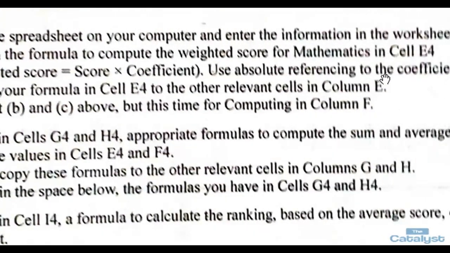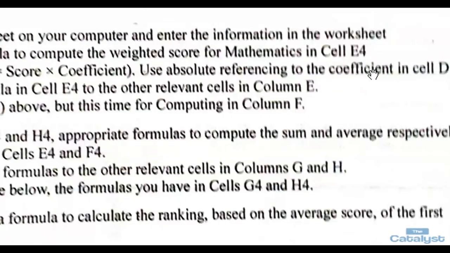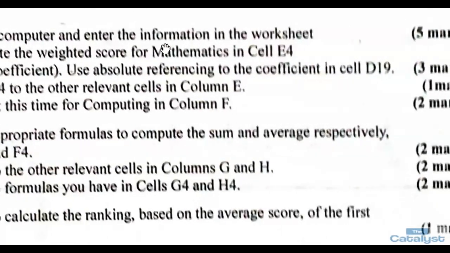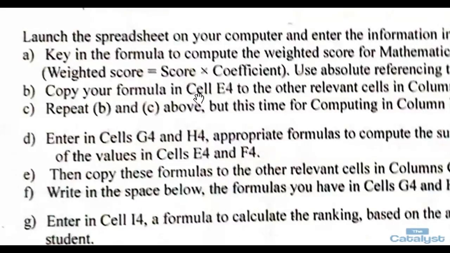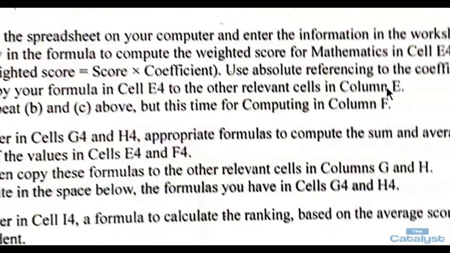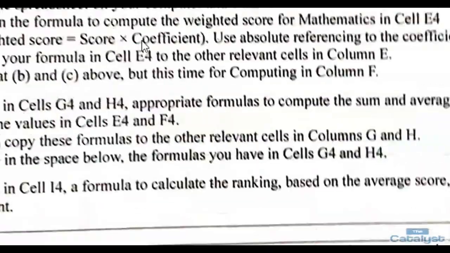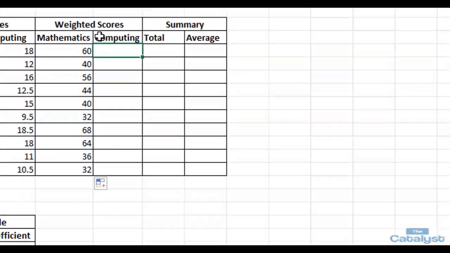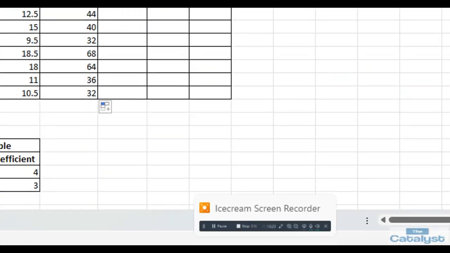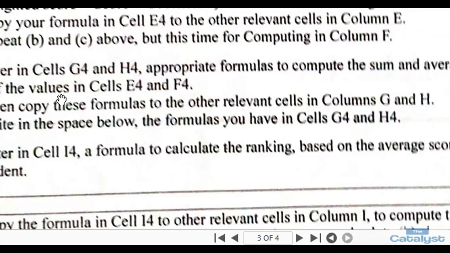Use absolute referencing to the coefficient in cell D19. So we've done that. Copy your formula in the cell E4 to the other relevant cells in the column E. We have already done that. Now let's move on.